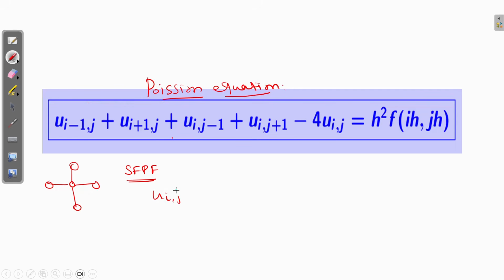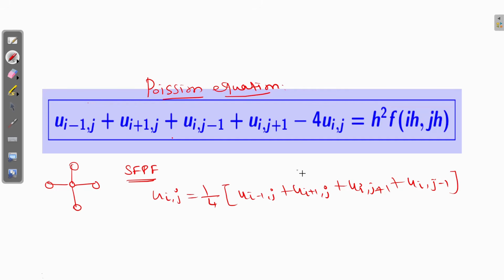So u i comma j, the middle point, is equivalent to 1 by 4 times u i minus 1 comma j plus u i plus 1 comma j plus u i comma j minus 1, the bottom position, plus u i comma j plus 1, the top. Clear?